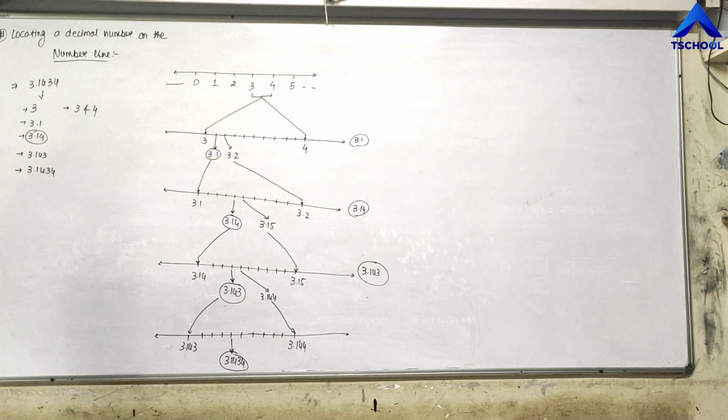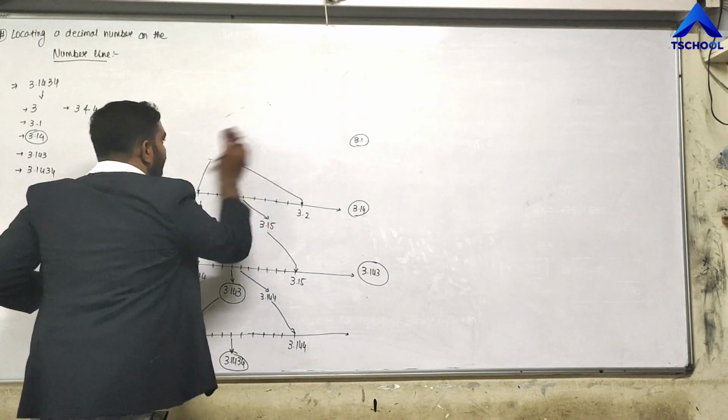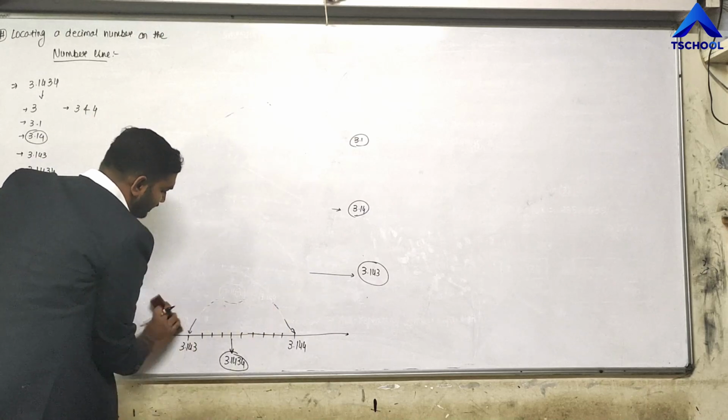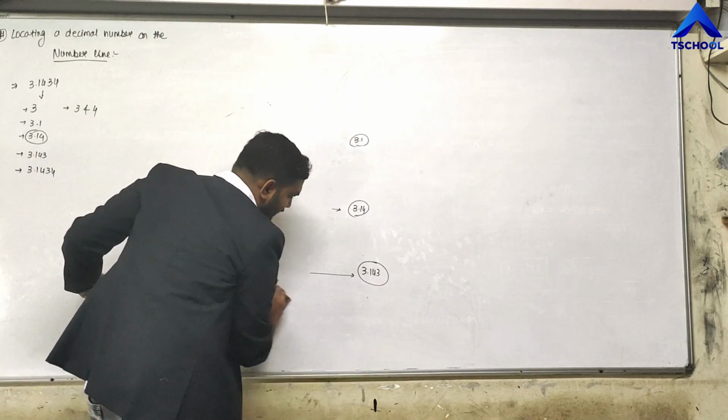Is it clear, friends? Okay, now I shall draw one more example for you, and then I shall give you one or two in the homework session. That means you can do it by yourself, right?